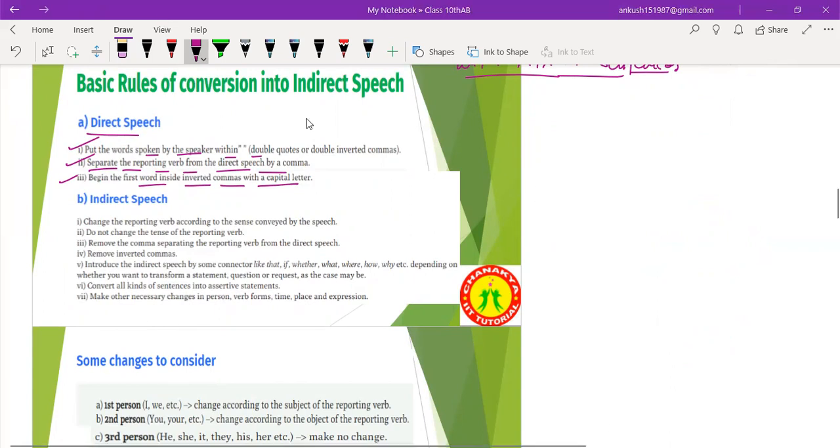See, now what to do in indirect speech? Now these three rules were given for direct speech. Now what to do in indirect speech, while transforming it into indirect speech?